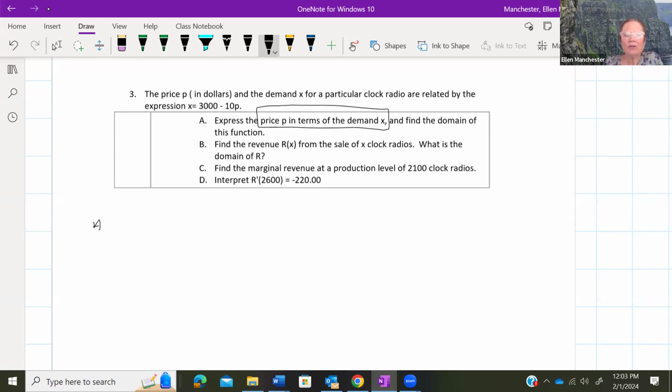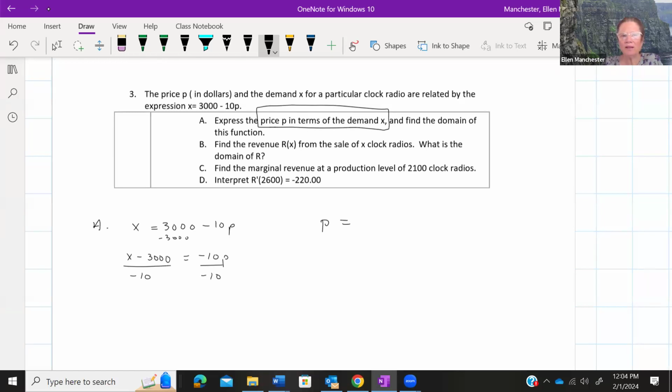So for A, all you're going to do is rewrite this solved for P. So when I solve for P, just your algebraic process, I'm going to subtract my 300, and then I'm going to divide off my negative 10.